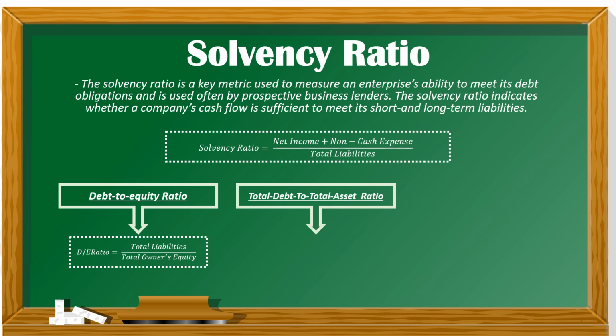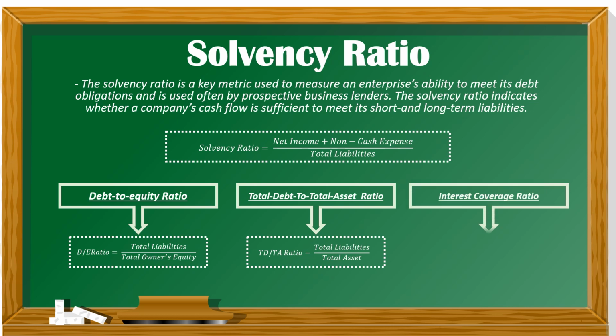Next is the total debt to total asset ratio. The formula for this is total liabilities divided by its total asset. Okay. Next is the interest coverage ratio, which is equal to the EBIT, or the earnings before interest and taxes, divided by its interest expenses.